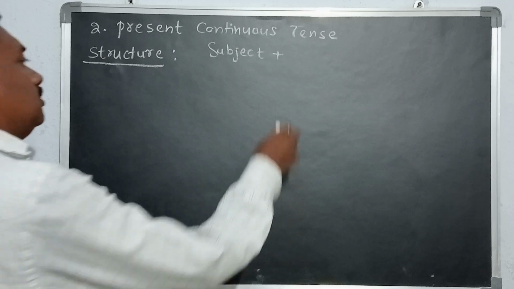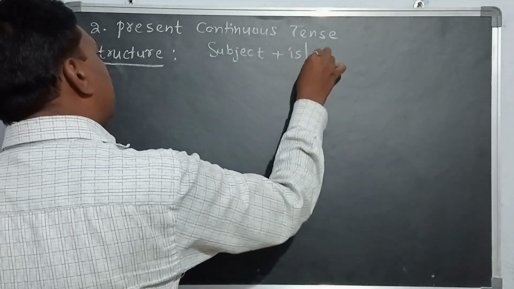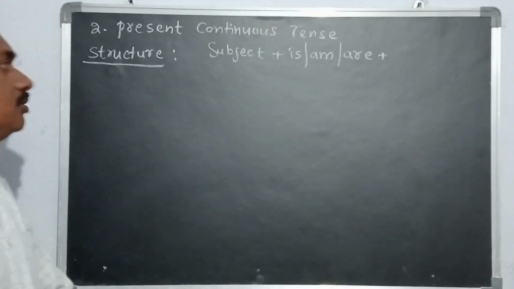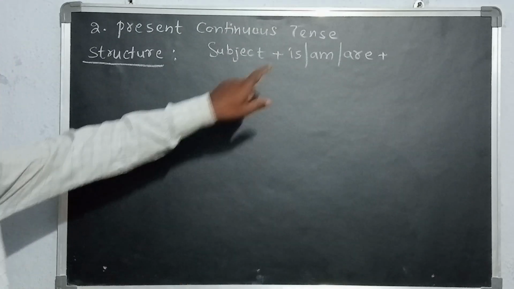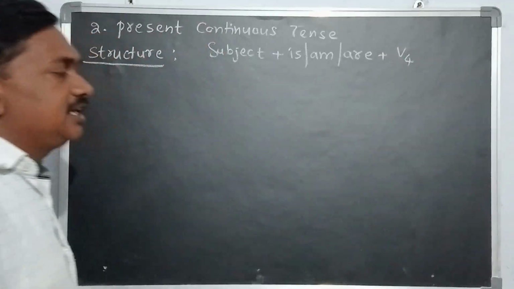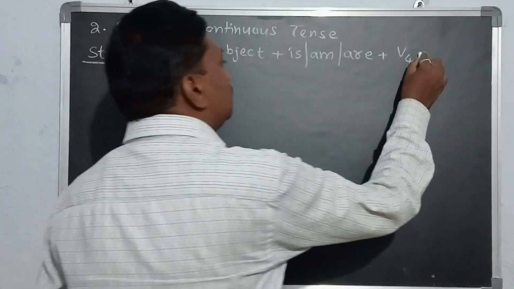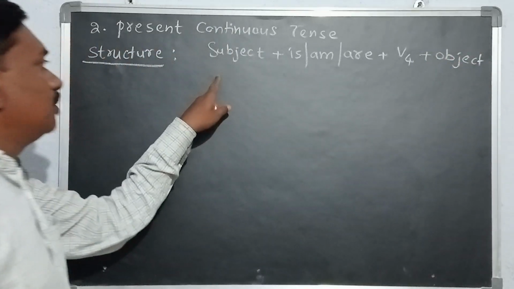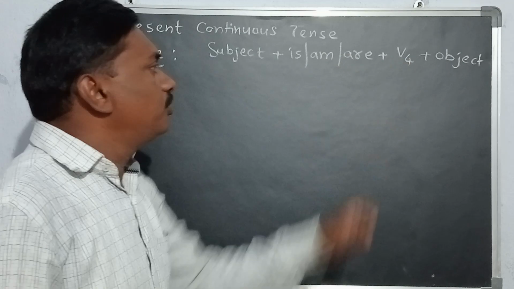Next, present be forms: is, am, are. Next, verb in present participle form, that is verb 4 form. Next, object. Subject, is, am, are, verb 4, object.